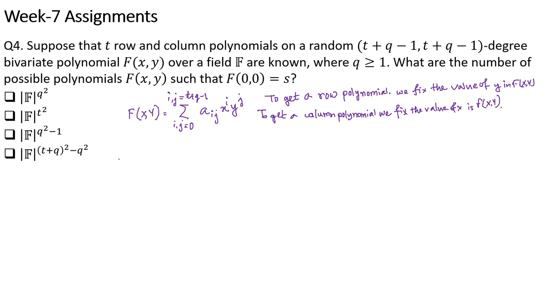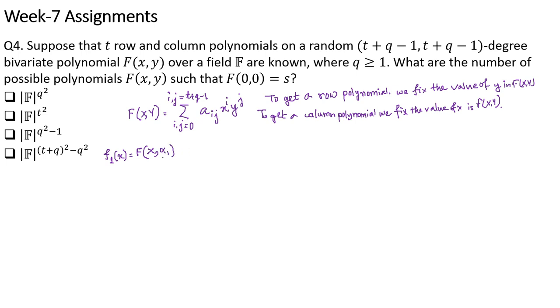That means, let's say we have a row polynomial of the form f1(x), which denotes that this is the evaluation of the bivariate polynomial on the value y equal to some alpha 1.